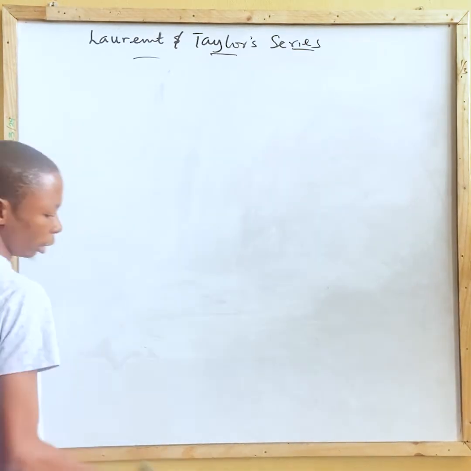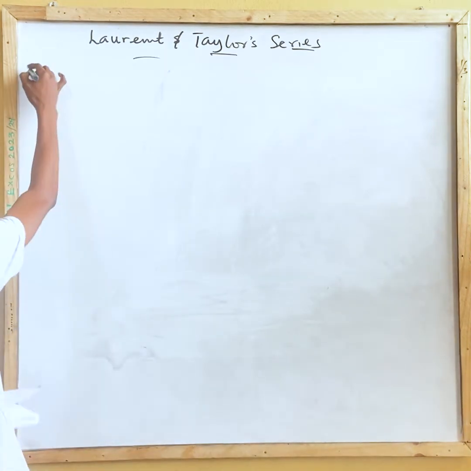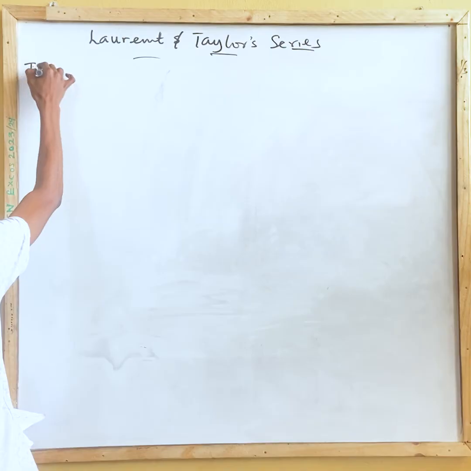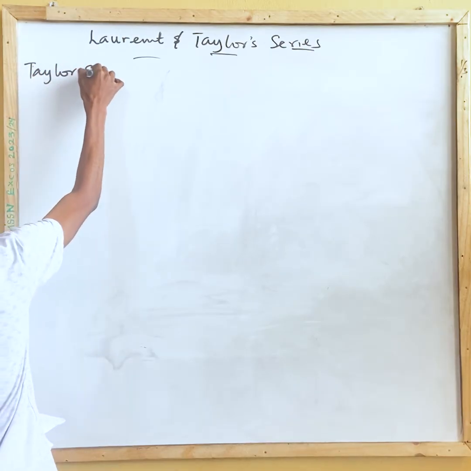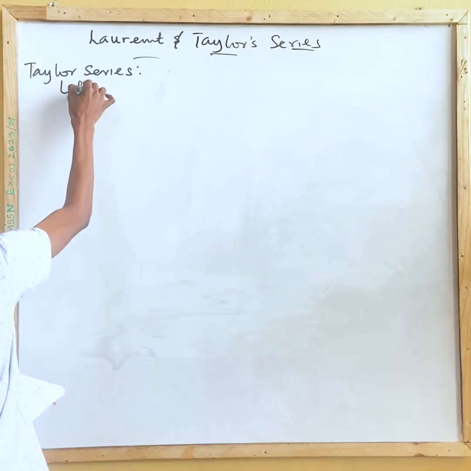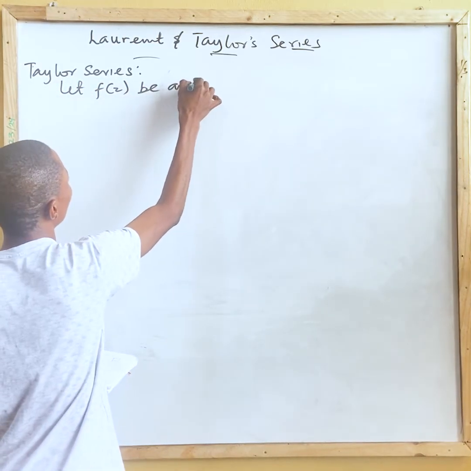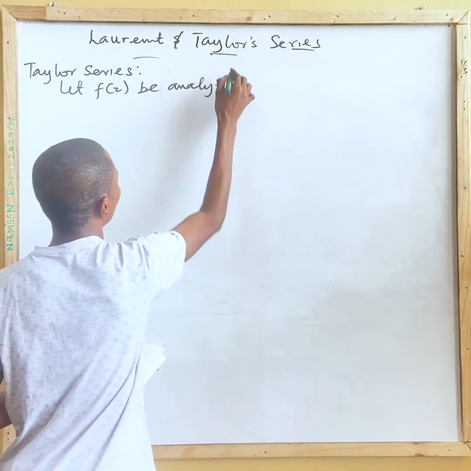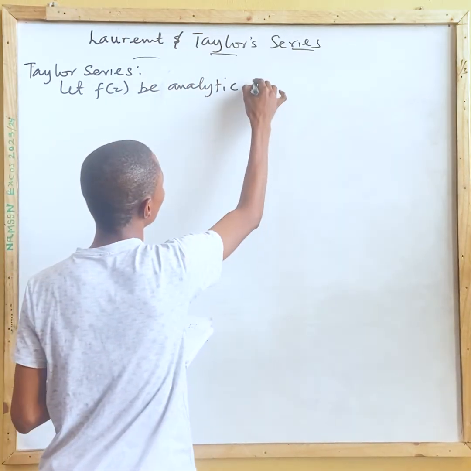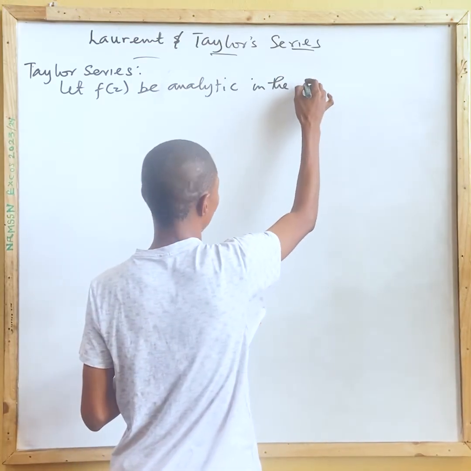Now let's take a theorem and then we'll start from here. The theorem states that let f of z be analytic in the disk.